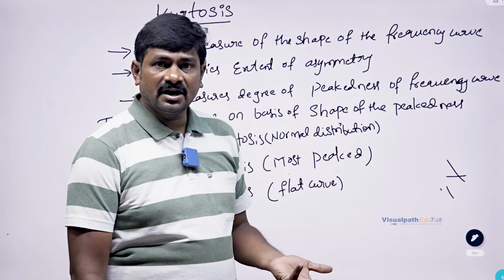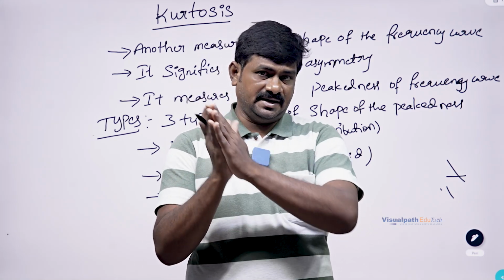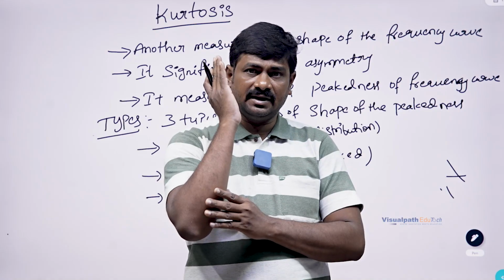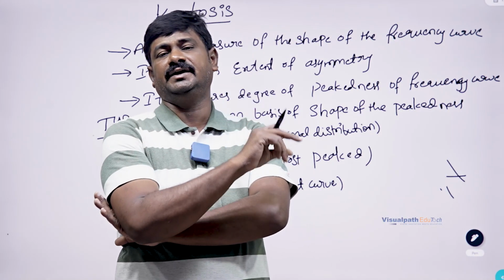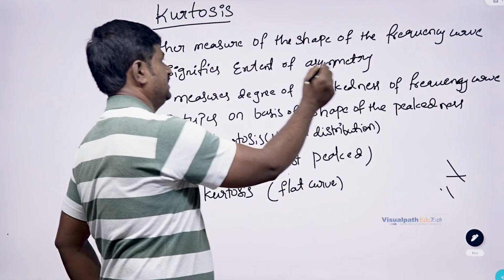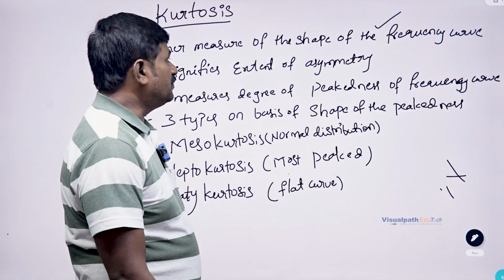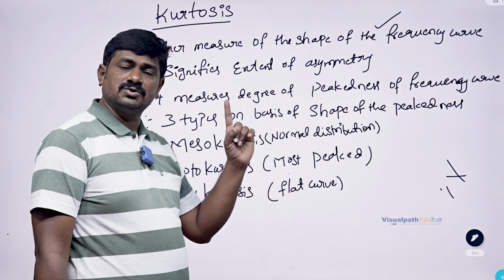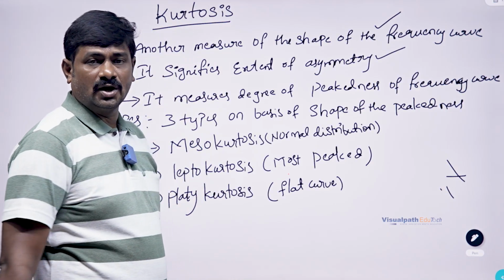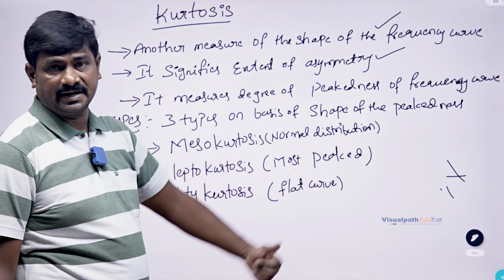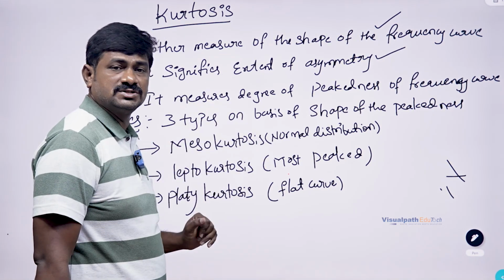So whether it is a symmetrical curve or asymmetrical curve, and if it is asymmetrical, to what extent. We are going to measure the degree of asymmetry of that curve from this kurtosis concept.